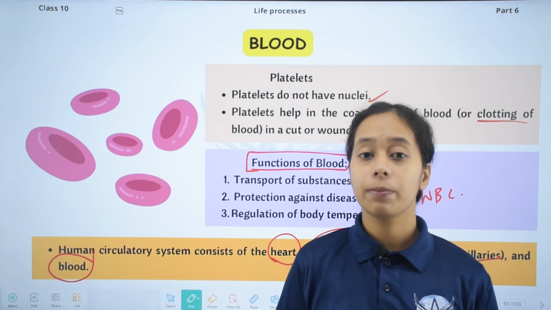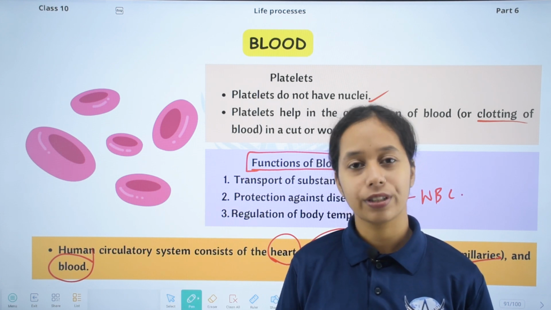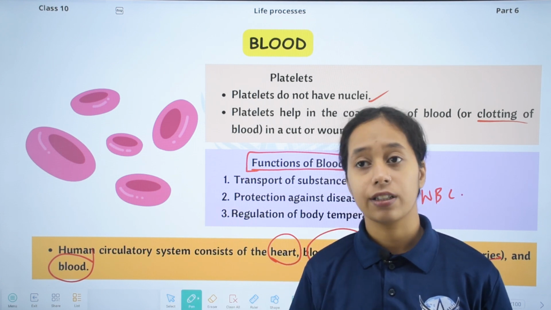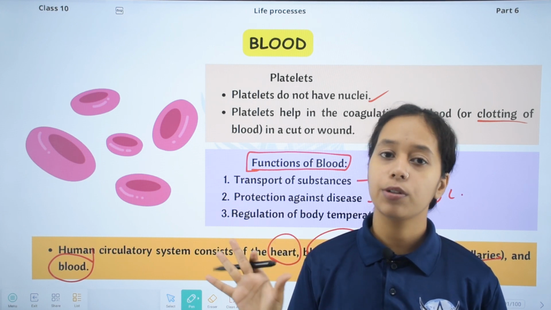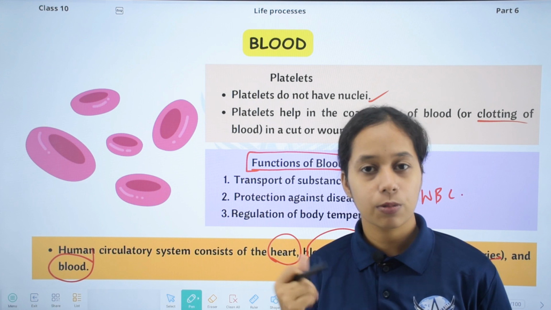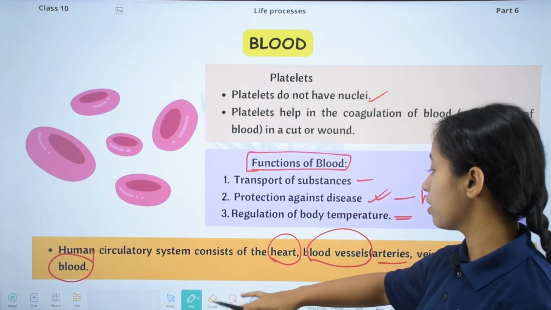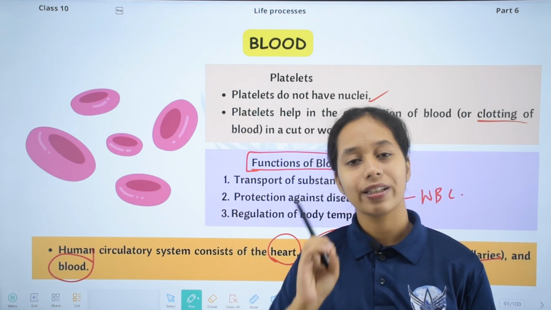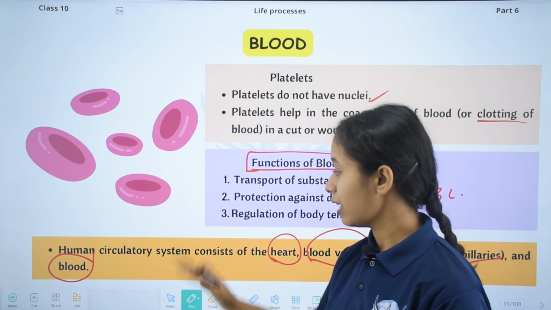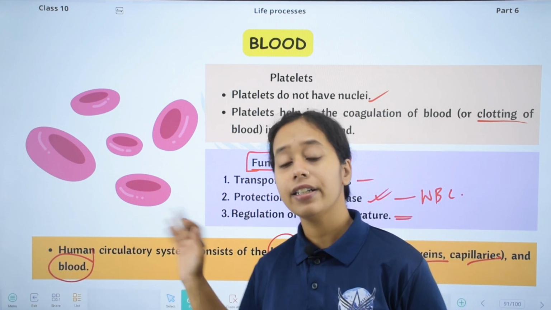The fluid part of the blood, the plasma, transports them. Although the heart pumps, if there is no blood there is nothing to pump. That is why, although in the first slide we said the human circulatory system has heart and blood vessels, blood is also an integral part of it, so we will study blood along with the heart and blood vessels.